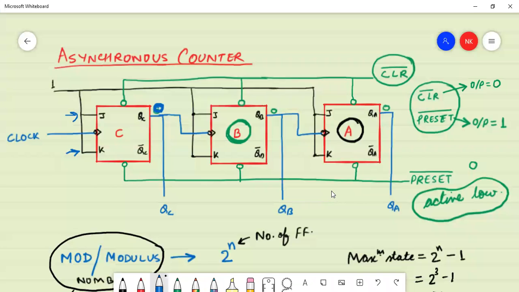Yes, sir. Okay, so in JK flip-flop, what are the inputs? Sir, JK flip-flop inputs are QA, QB, or QC. Okay, so I think you need to go through the flip-flop, JK flip-flop. What is JK flip-flop? What are the flip-flops? I think you should know.